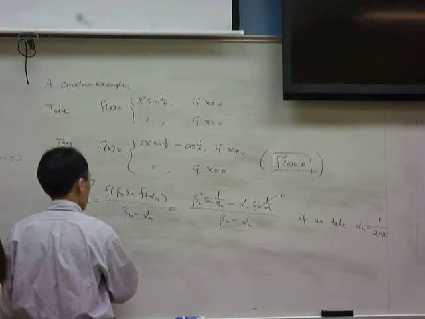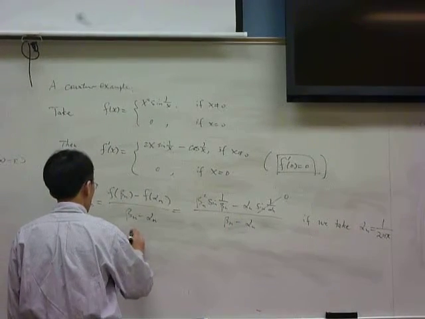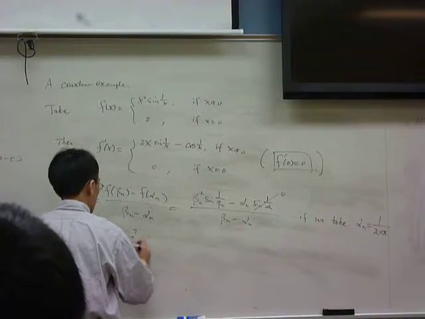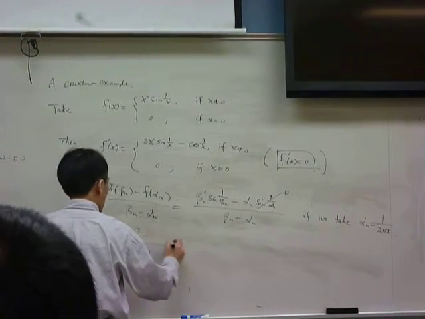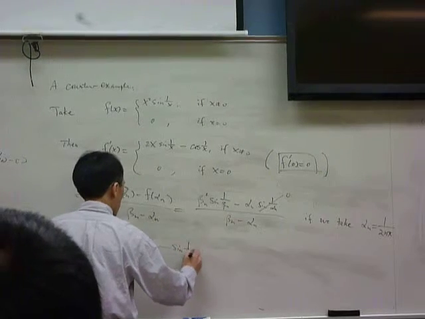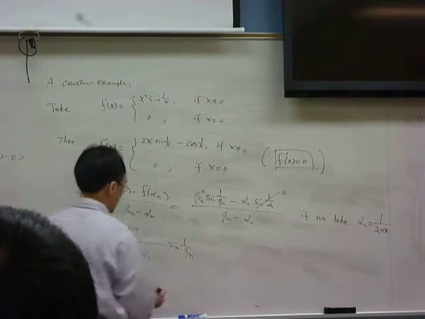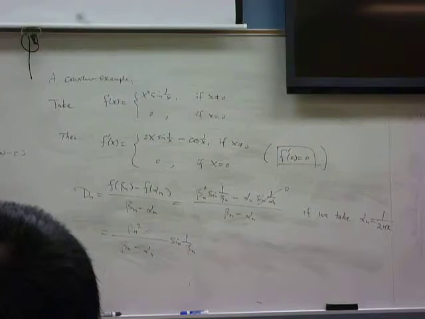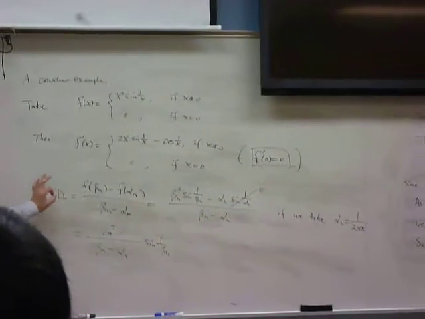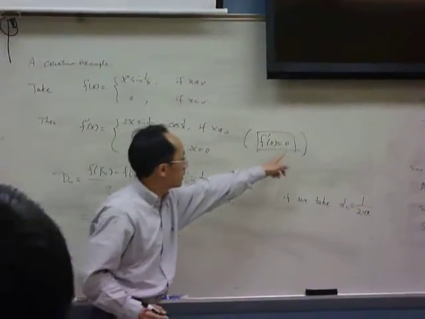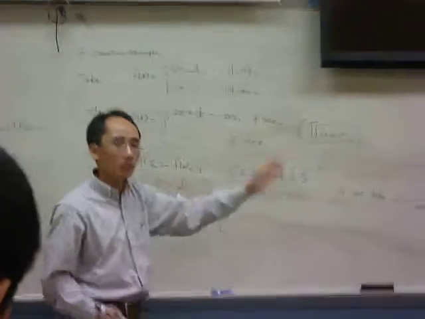So this equals just beta n squared over beta n minus alpha n times sine of 1 over beta n. I want to keep dn away from 0. I don't want dn to get closer to 0; I want to keep it away.